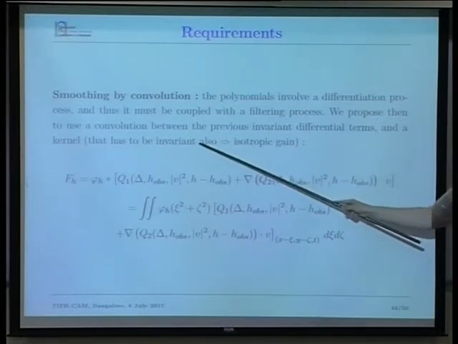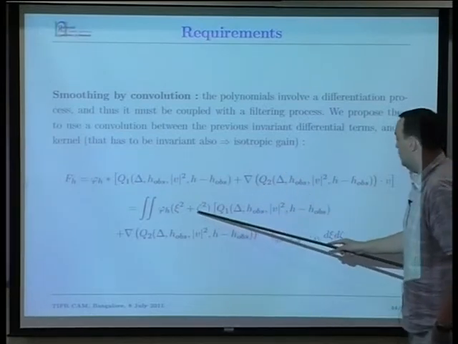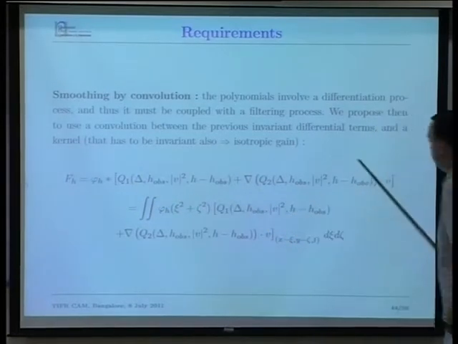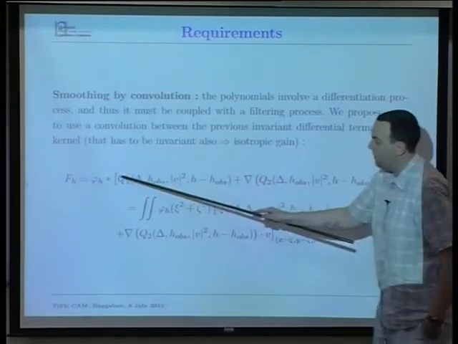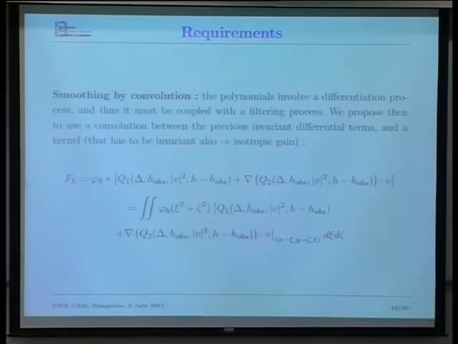The kernel has to be invariant also by translation and rotation. And at the end, it's simply a convolution of the previous polynomial times a kernel that depends on the square norm of the variable.